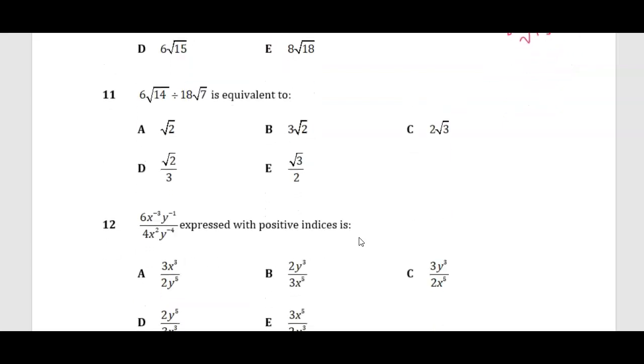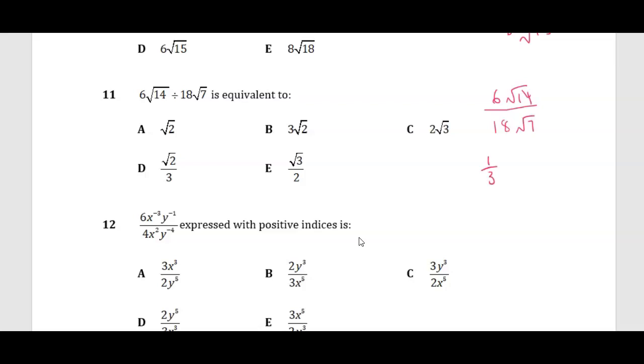Okay, question 11. So similar to before, let's do the 6 root 14 over 18 root 7. So I'm going to separate the integers, the 6 and the 18, from the surds. So 6 over 18 becomes 1/3.